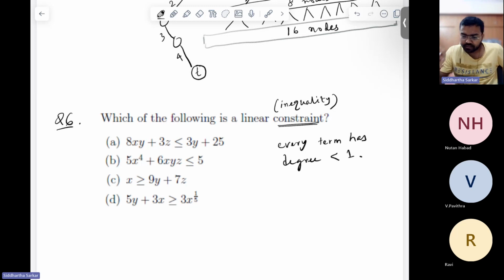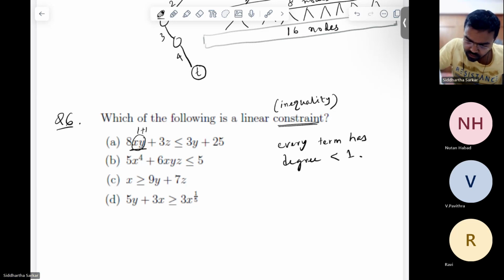So, right. What do you get in this term? This is x to the 1 plus y to the 1, and x times y. So the combined degree is 1 plus 1. This is a degree 2 term. So this is ruled out. This is a degree 3 term. This is a degree 4 term. This is degree 1. This is degree 1. This is all degree 1. So this is linear for sure.